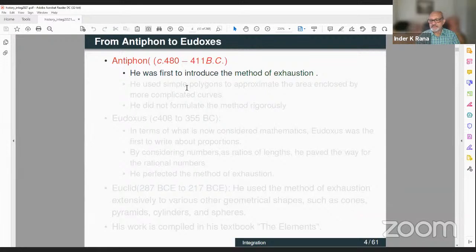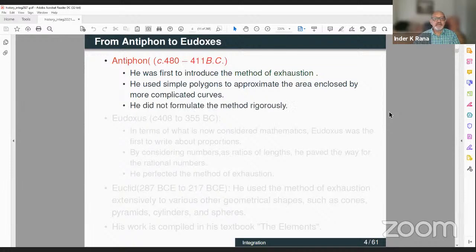He used this method to find simple polygons to approximate the areas enclosed by more complicated curves. But he did not formulate this method very rigorously. It was only a heuristic way of saying what this method is and how it can be used.